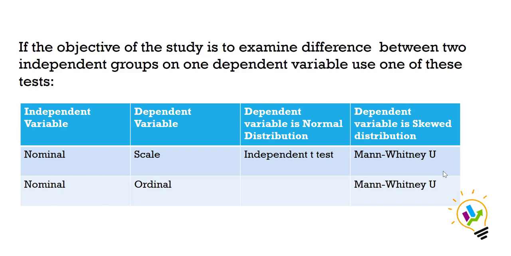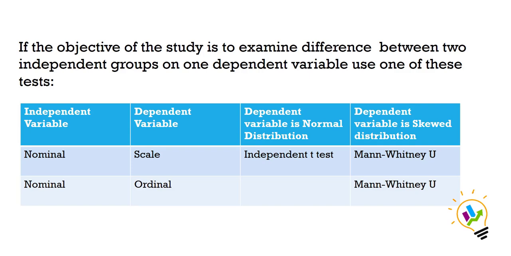If it is having exactly 2 levels and the dependent variable is scale data like given here, then we must use the independent sample t-test. But one condition is here: the dependent variable should be normally distributed.